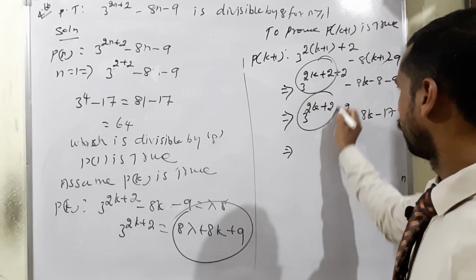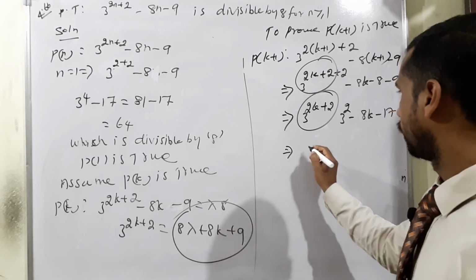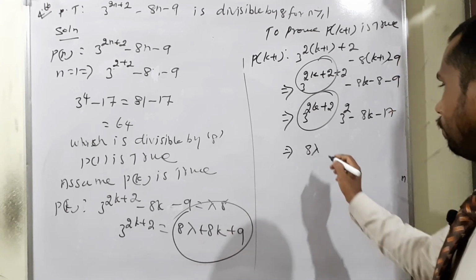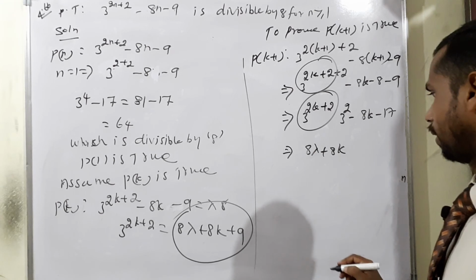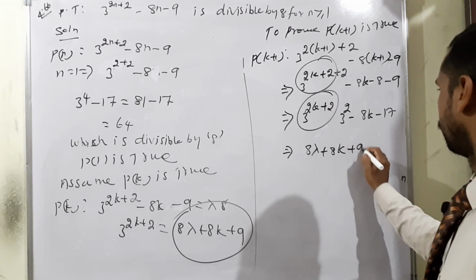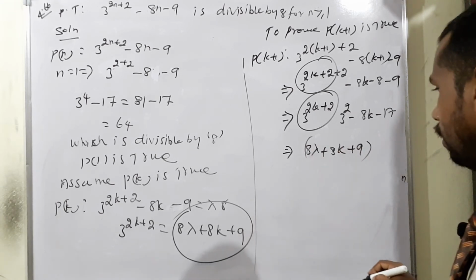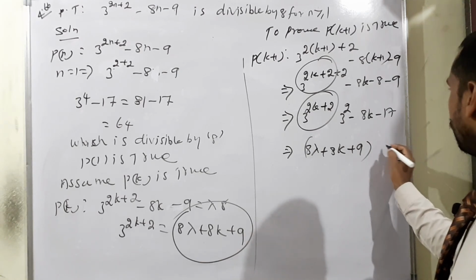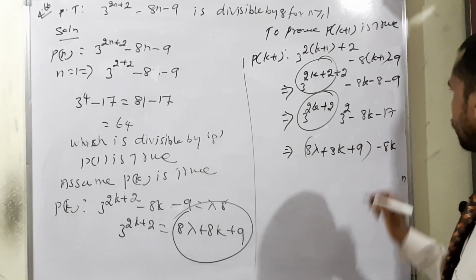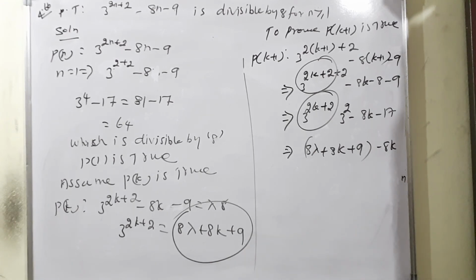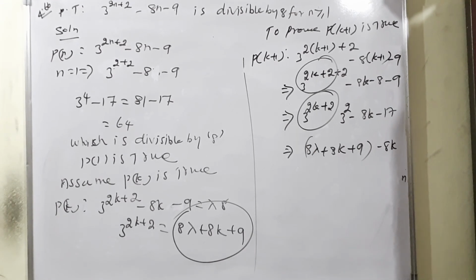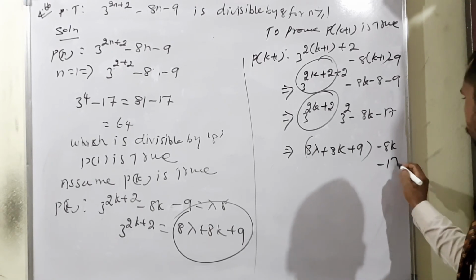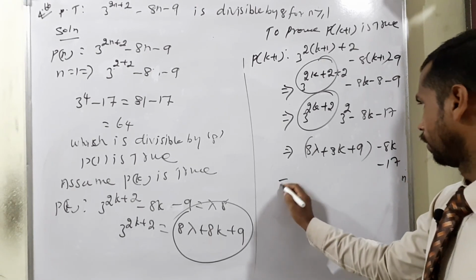Therefore, instead of 3 to the power 2k plus 2, we can write 8 lambda plus 8k plus 9, minus 8k minus 17. Now, what is the meaning?